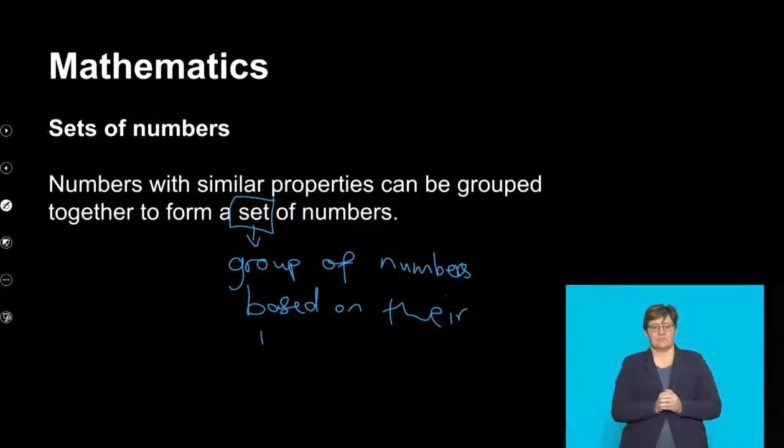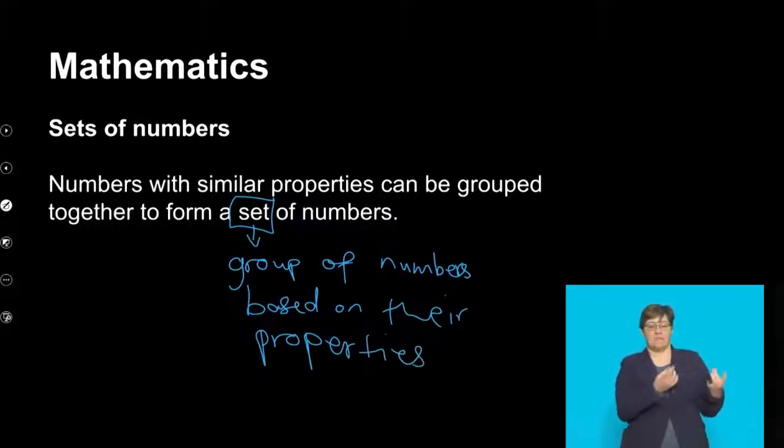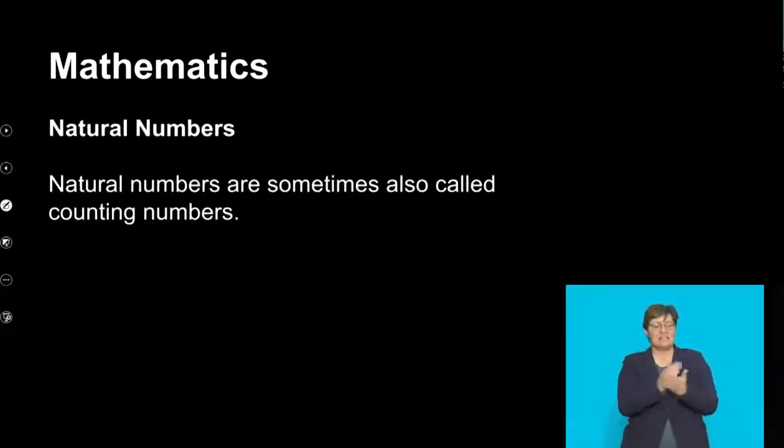That's what we are talking about when we say a set of numbers. So we're going to call numbers natural, we're going to call them whole, we're going to call them integers. That will be because they have some similarities, and some similarities are even going to overlap. You are going to see that.